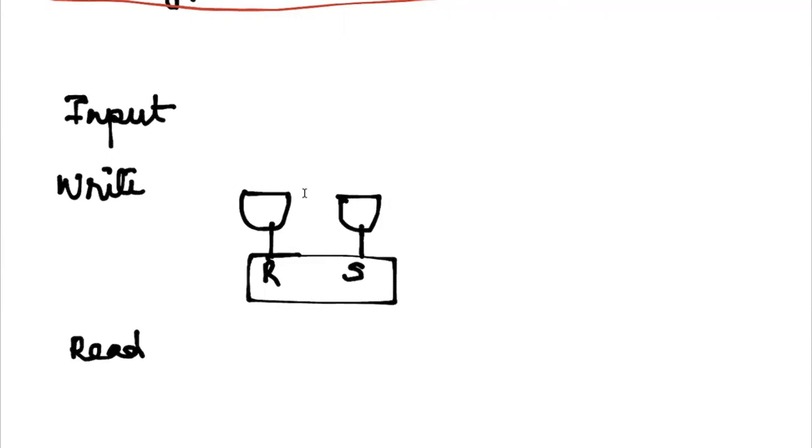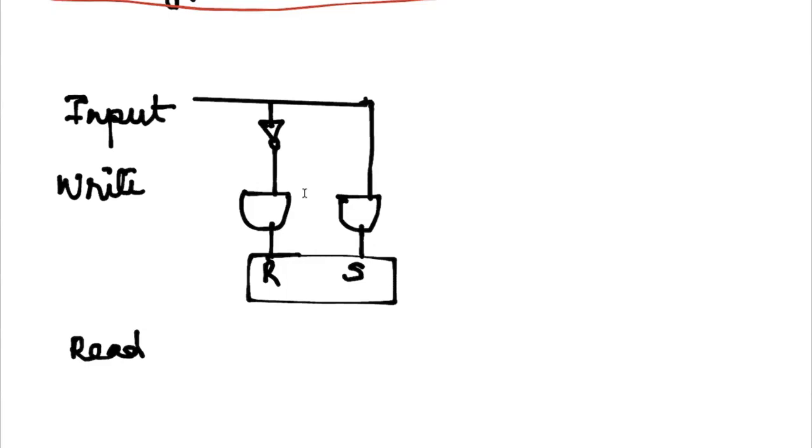And how is this going to come? So this one from here up to this. And then here I have an inverter. So the input is connected to the R and the S.